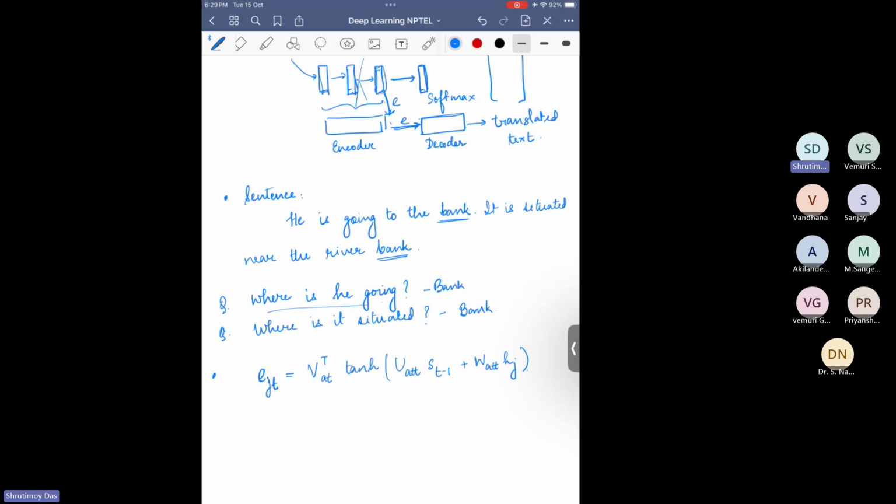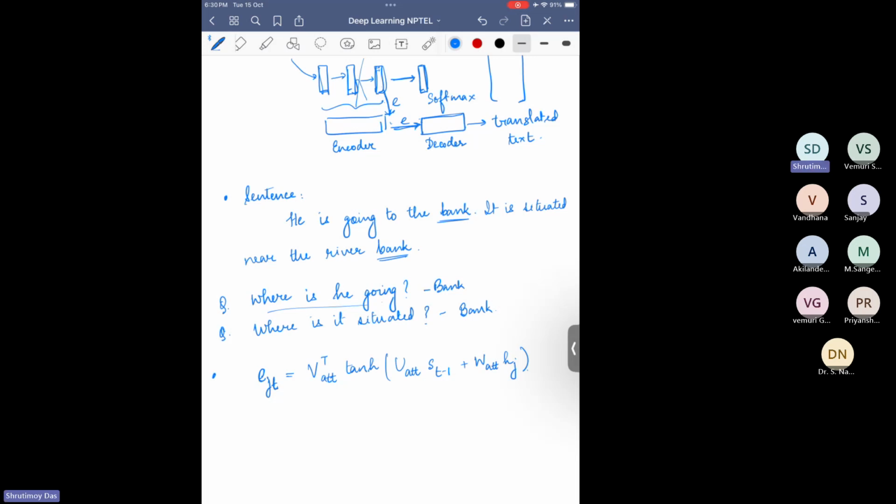What it was trying to say is that at time step t, what is the importance of the word j?